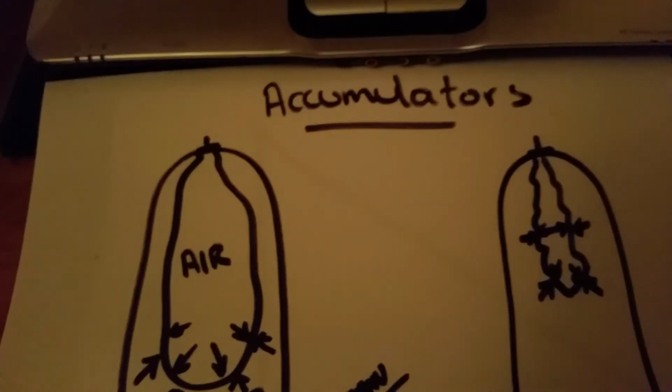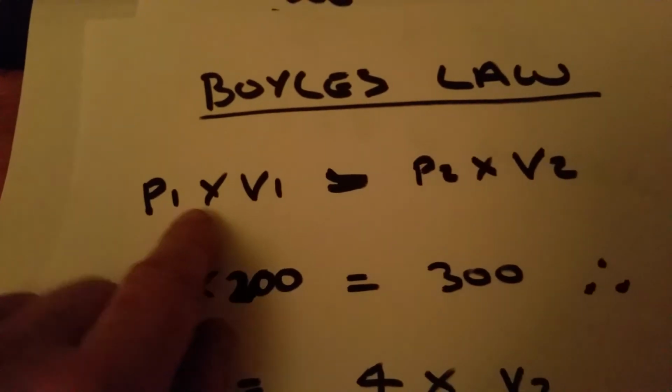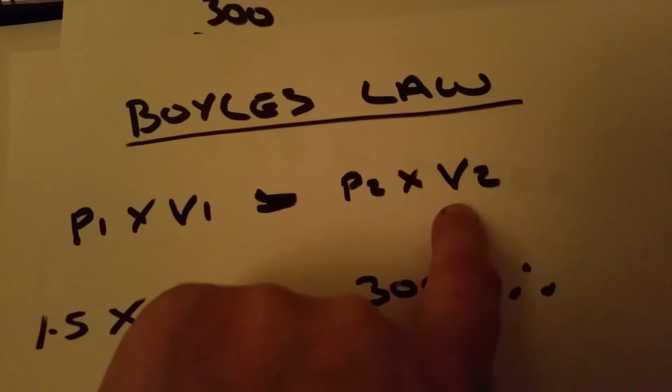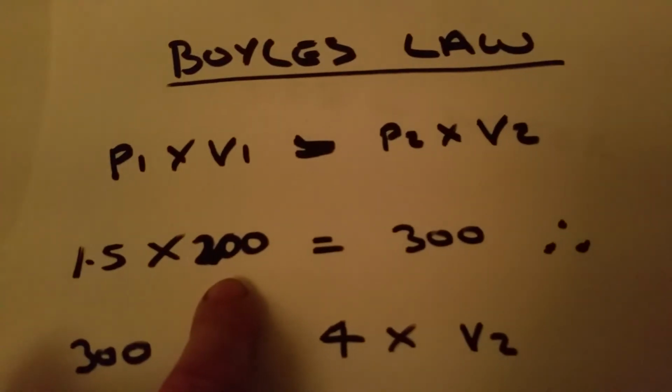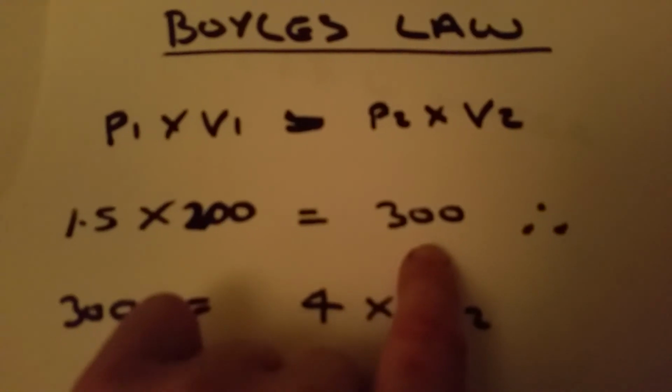So just to recap, Boyle's law, P1 times V1 equals P2 times V2. Place in your pre-charge and your vessel volume to come up with the value.